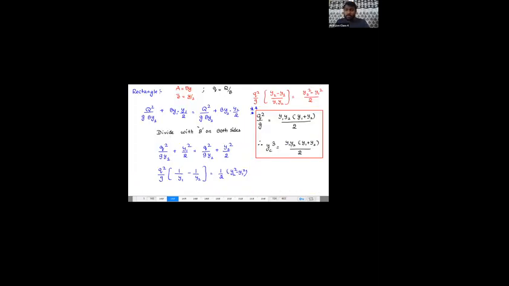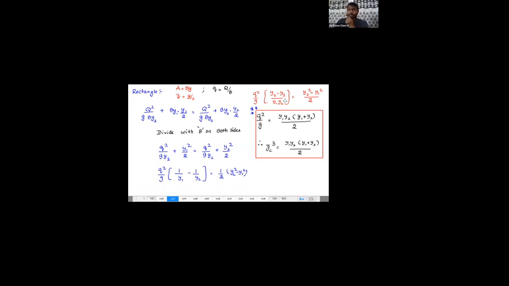Whereas this is for conjugate depths: y1 y2 into (y1 plus y2) by 2. For alternate depths, 2 y1 square y2 square by (y1 plus y2). For conjugate depths, y1 y2 into (y1 plus y2) by 2. The left-hand side is the same, q square by g or yc cube.